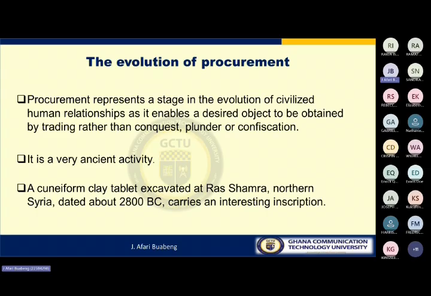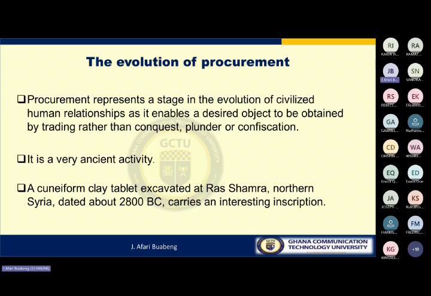You conquer the one possessing your need, and then you take it. Or you can even steal or confiscate it. This is what people, organizations, countries or societies were using to acquire their needs.